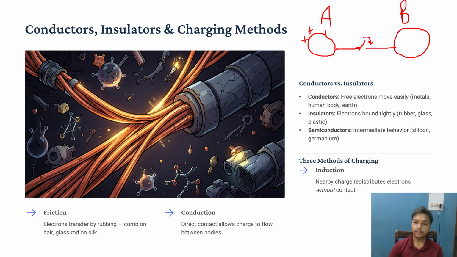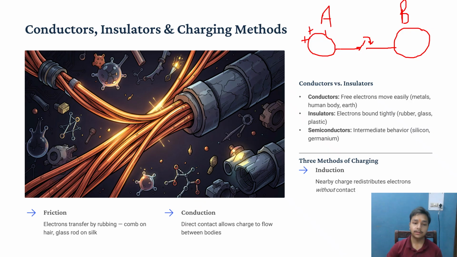Until the potential of both bodies becomes equal, the charge keeps flowing from the charged body to the uncharged body. So when a charged metal body is connected to a neutral body via a switch and the switch is closed, as you can see in this image, the charge flows to the neutral body and is distributed on the outer surface of the bodies.